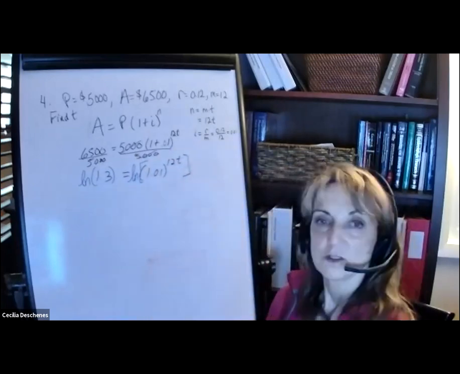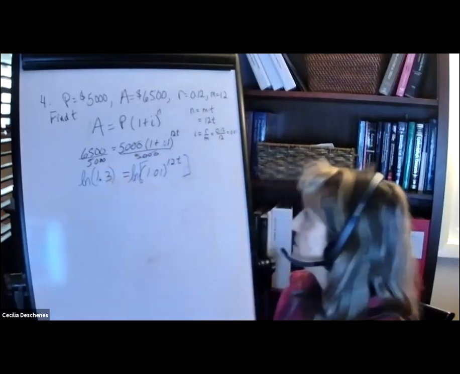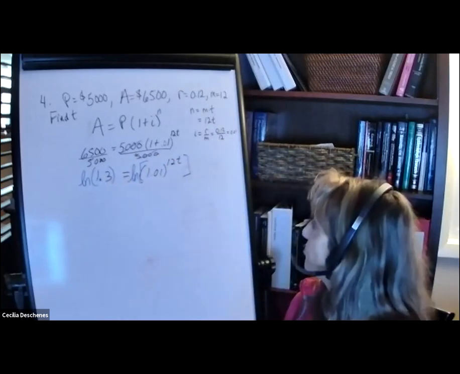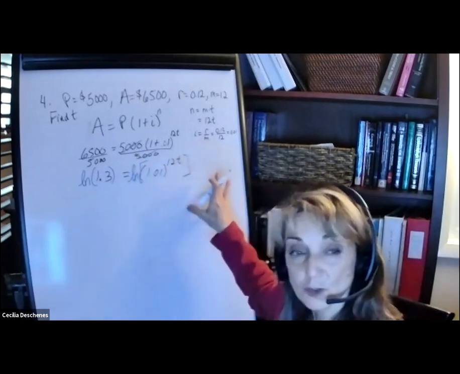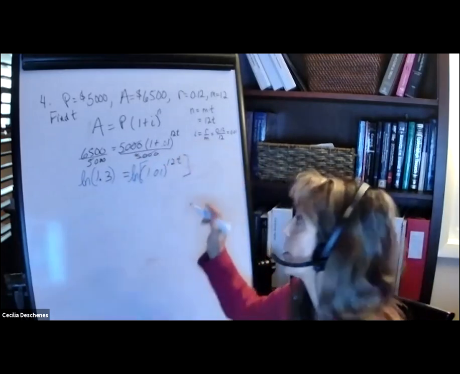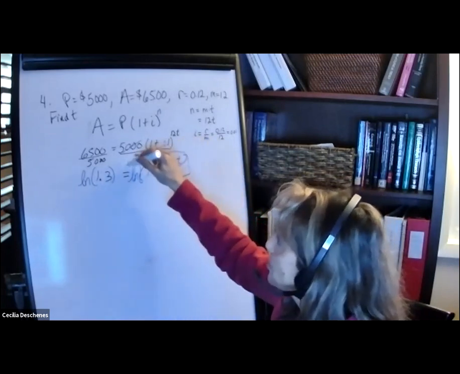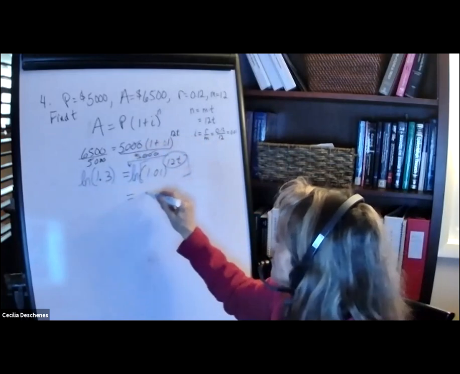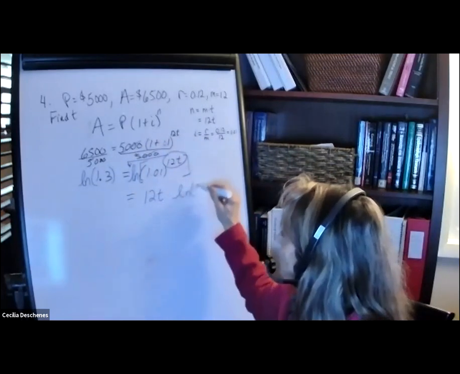Now we have the natural log of 1.3 is equal to the natural log of 1.01 raised to the 12t. The whole reason we're taking the log is the key property that's so helpful with logs: we can pull the exponent down in front. So this is equal to 12t times the natural log of 1.01.